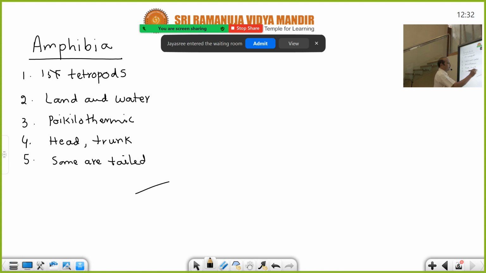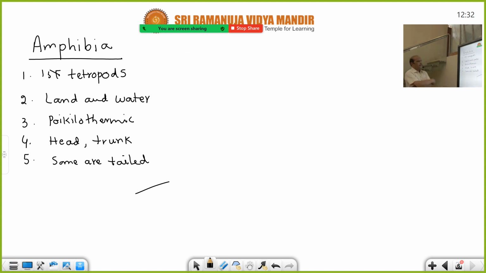Salamanders. Which are the tailed amphibians? So, if it is asked, your answer must be salamanders. Rest of them are tailless and neckless. Only tailed amphibians are salamanders.